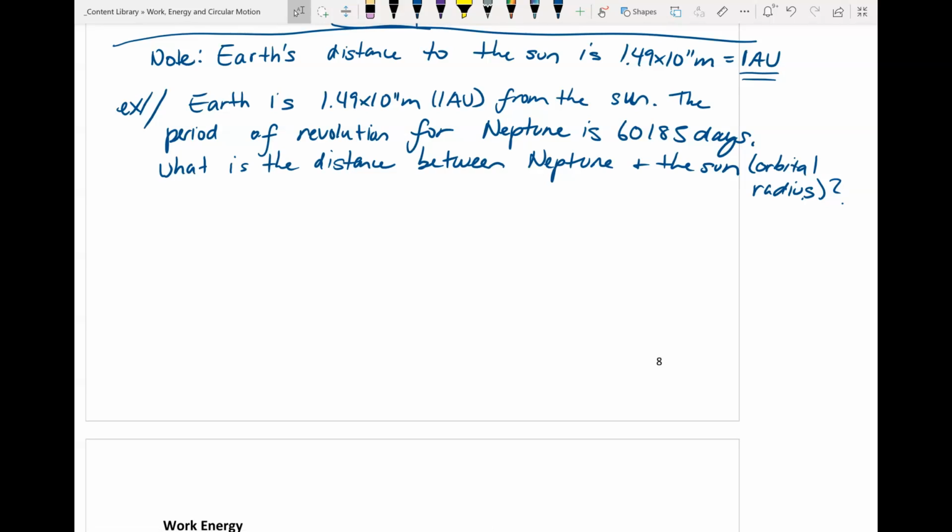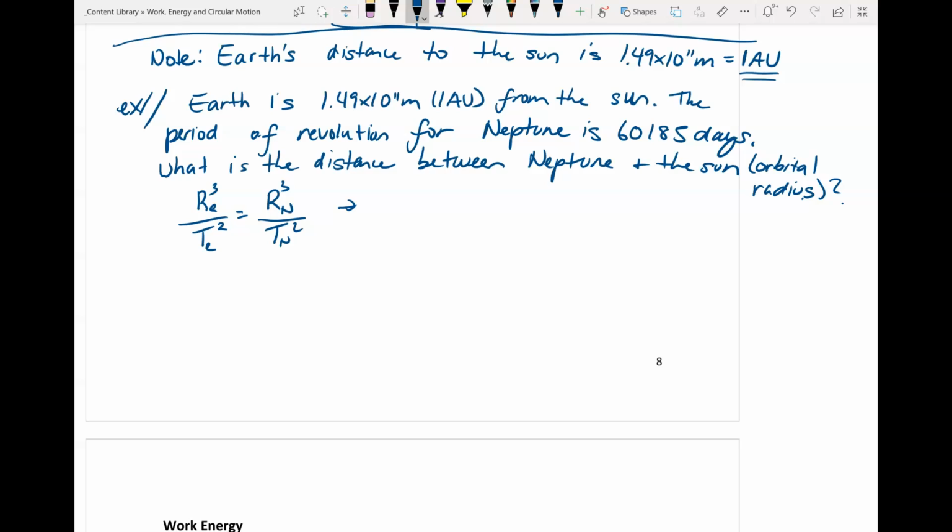Okay, so we're going to use the result from number 3 to help us with this, which is the distance cubed divided by the revolution period squared. And we're going to relate this between the Earth and Neptune. So my little e here is for the Earth, and my n represents Neptune. For the information we have everything except for our n, and that's what we're looking for.